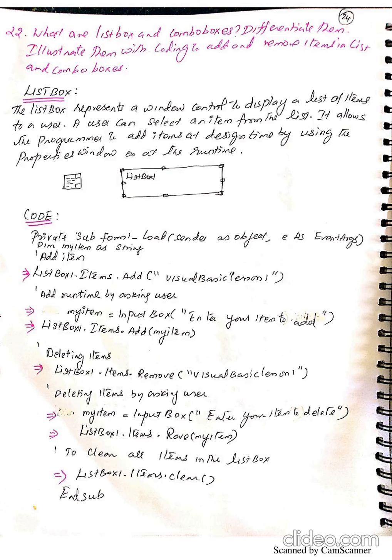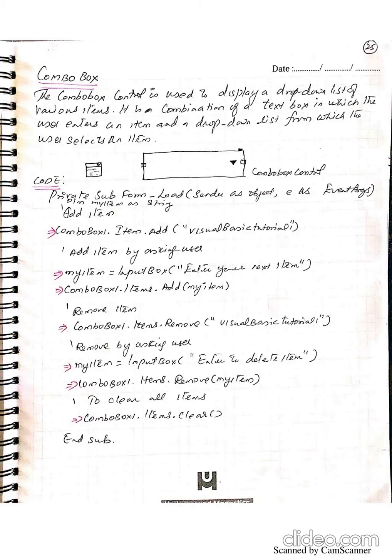The differences between list box and combo box. List box: select multiple items from the list. Combo box: select only one item. In a list box we can't add items at runtime; a combo box can add items at runtime.